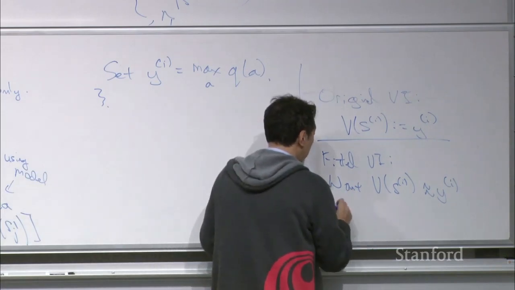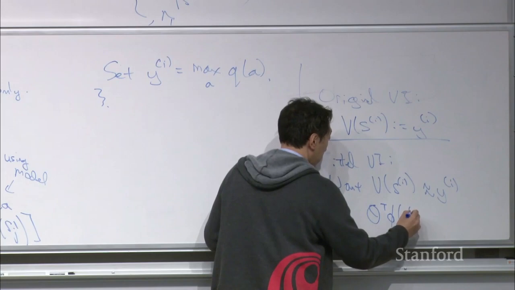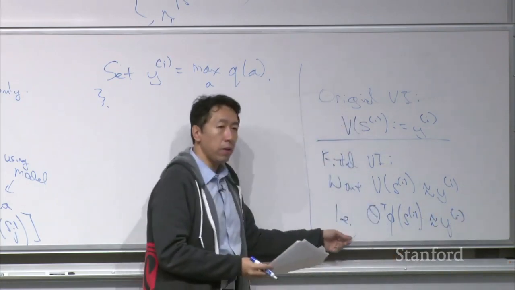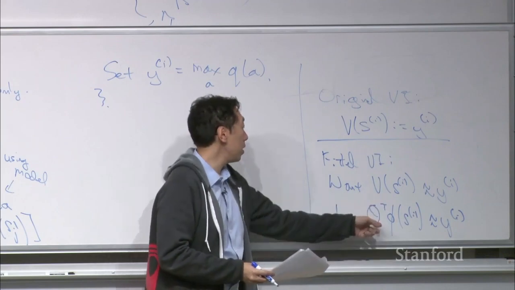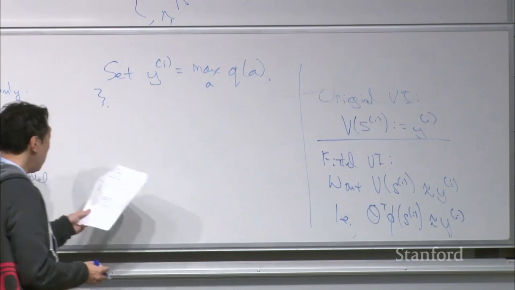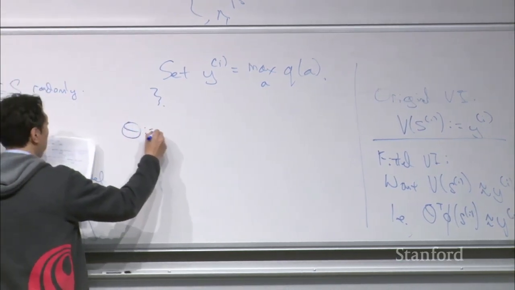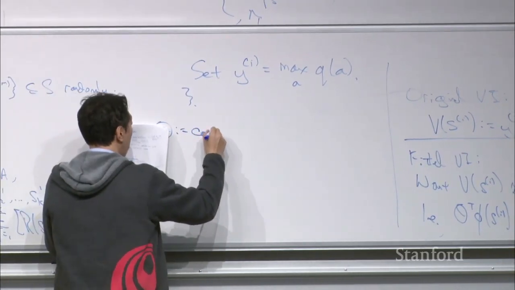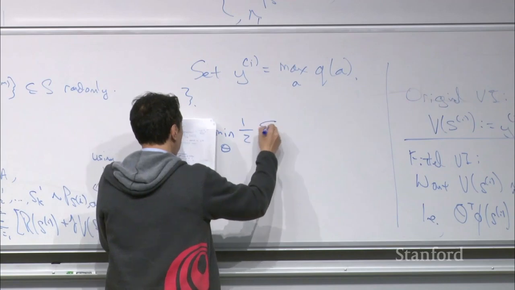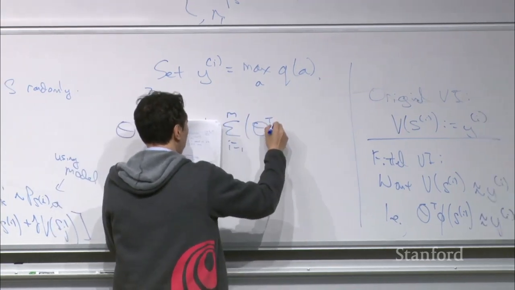V of Si is now represented as a linear function of the features of the states. So V of Si is theta transpose phi of Si, and you want that to be close to yi. And so the final step is run linear regression to choose the parameters theta that minimizes the squared error.